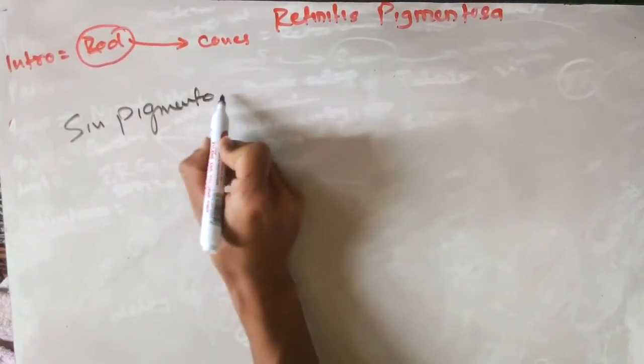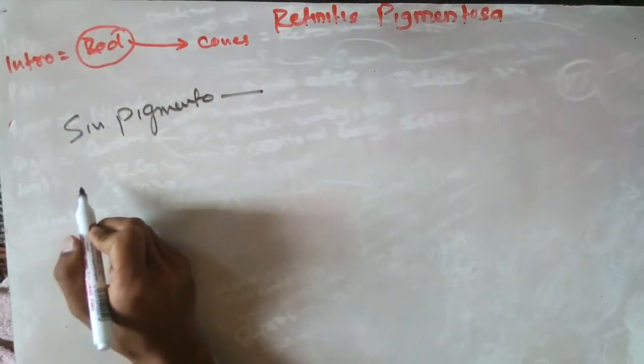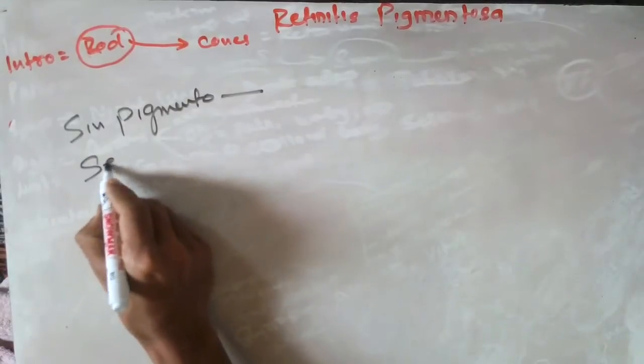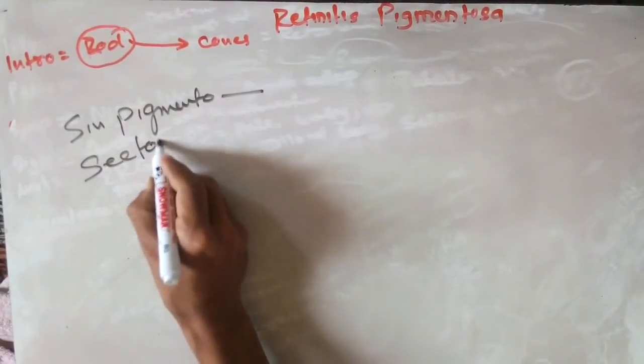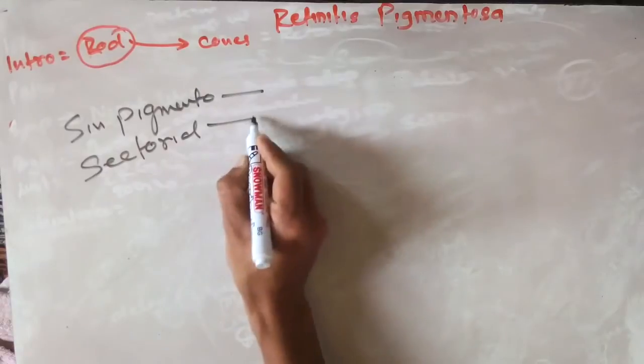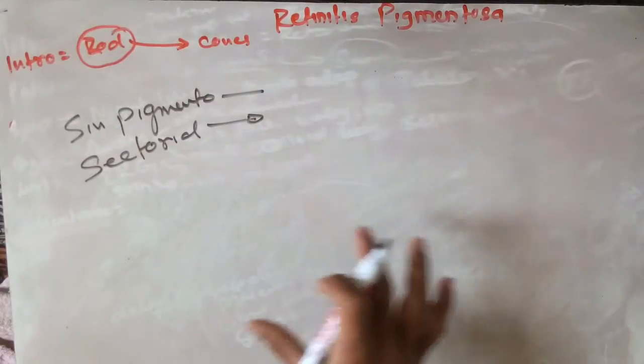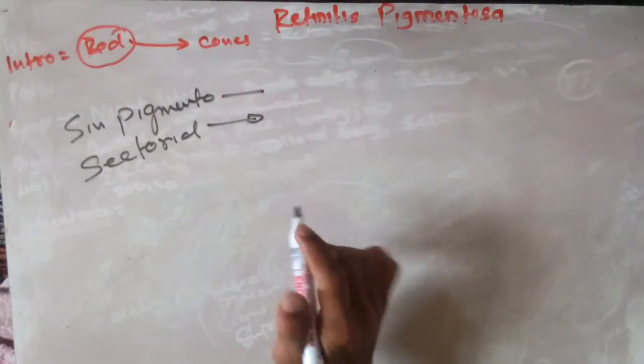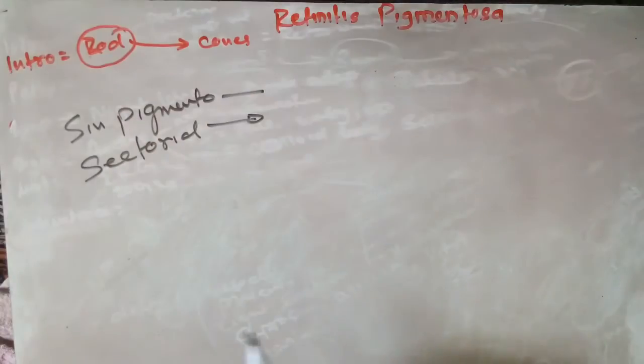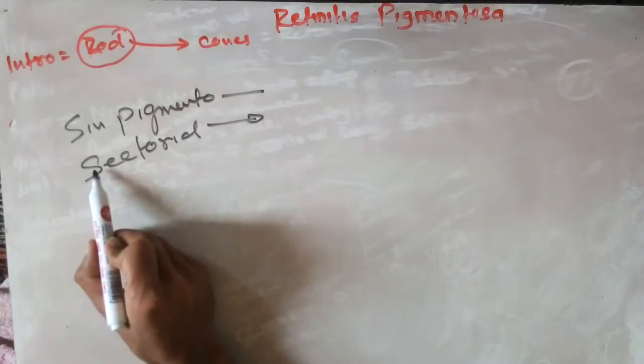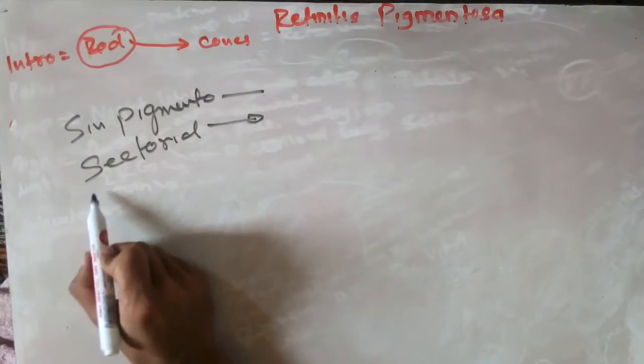Now coming to sectorial retinitis pigmentosa. As the name suggests, a particular sector or quadrant of the retina is involved, showing pigment epithelial problems.